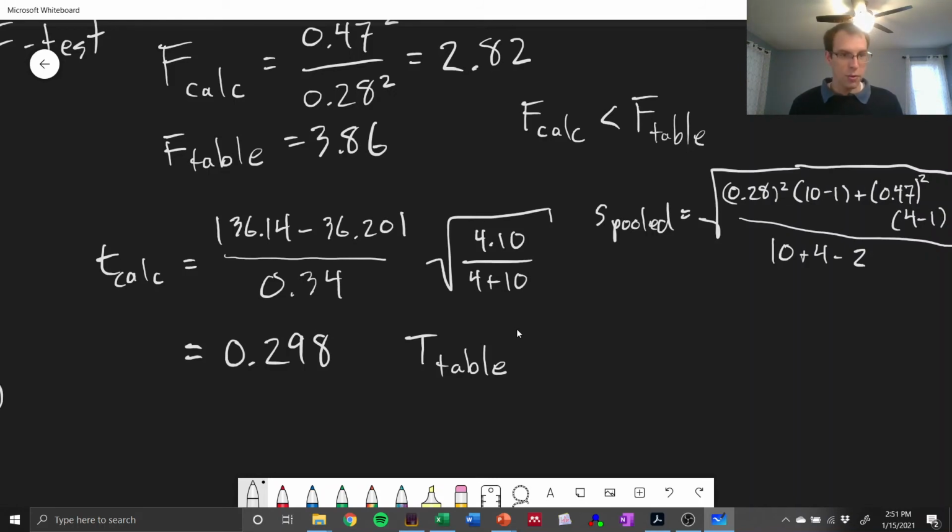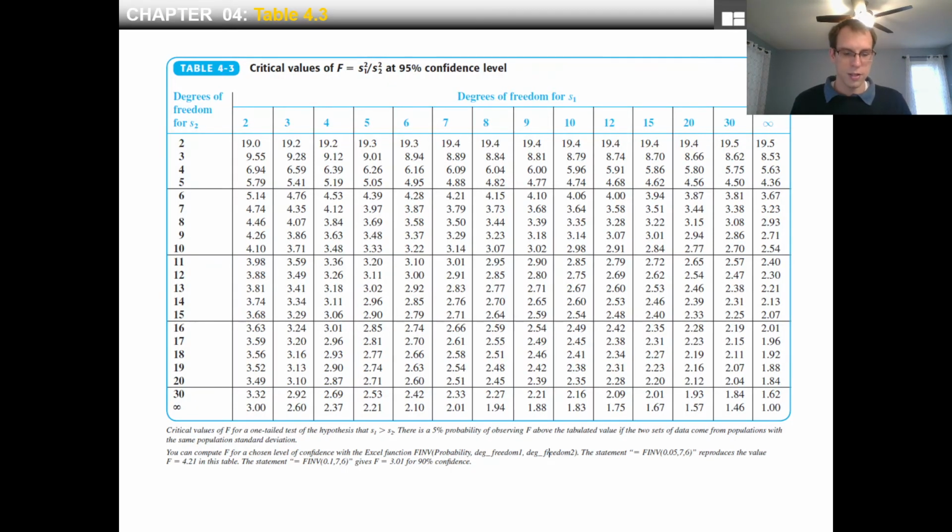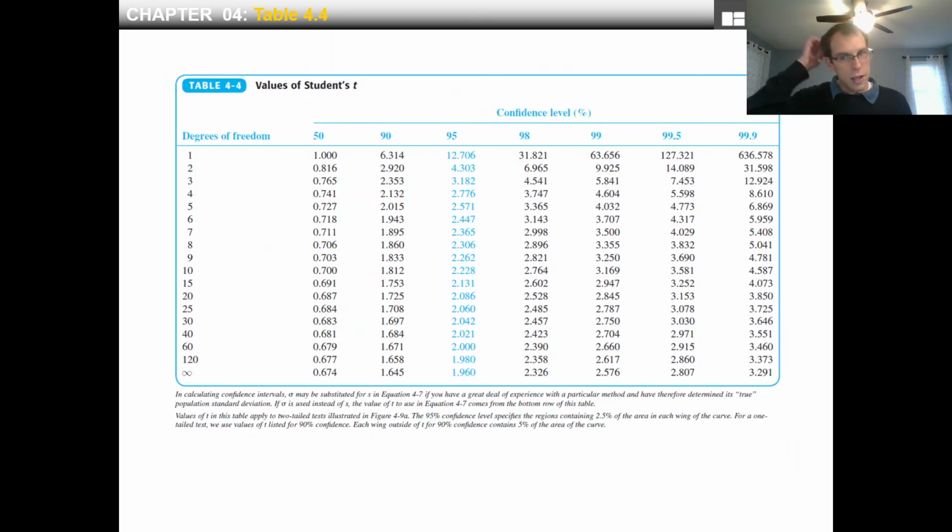And again, our total degrees of freedom is 12. For 95% confidence, let's go back to our slideshow here. Here's t-table. 12 is not listed on here, but we can get it exactly from Excel, or we can say it's going to be somewhere between these two values.